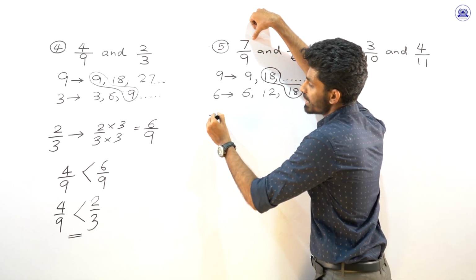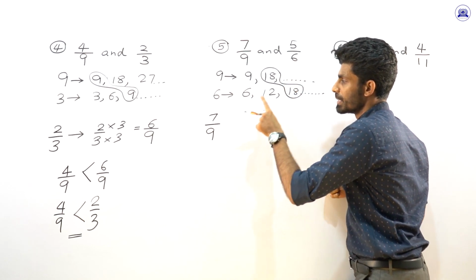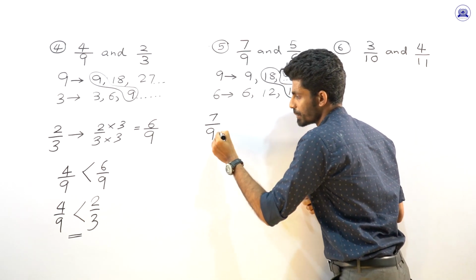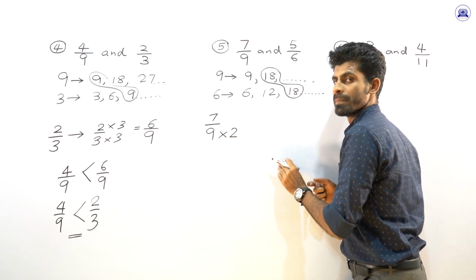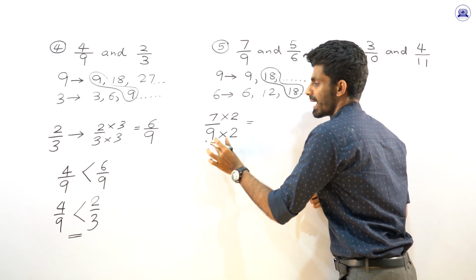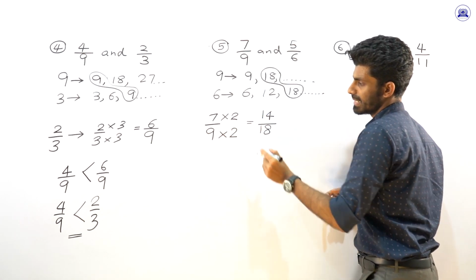So we need to create an equivalent fraction to 7 over 9. We need to convert 9 into 18, so you need to multiply by 2. For the numerator also you need to multiply by 2. 9 into 2, 18. 7 into 2, 14.